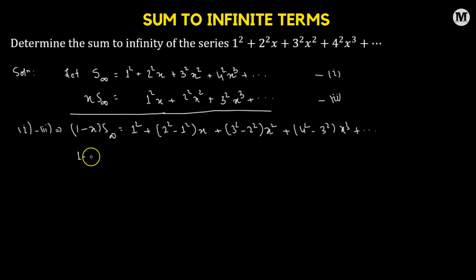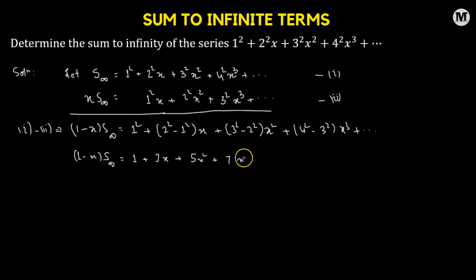So now we have 1 minus x multiplied to S infinity, so this will be equal to 1 added to, 2 squared, that's 4 minus 1, that's going to give us 3. We have 3x added to 3 squared minus 2 squared, that means 9 minus 4, so that's 5. We have 5x squared added to 4 squared, that's 16 minus 9, so that's 7.